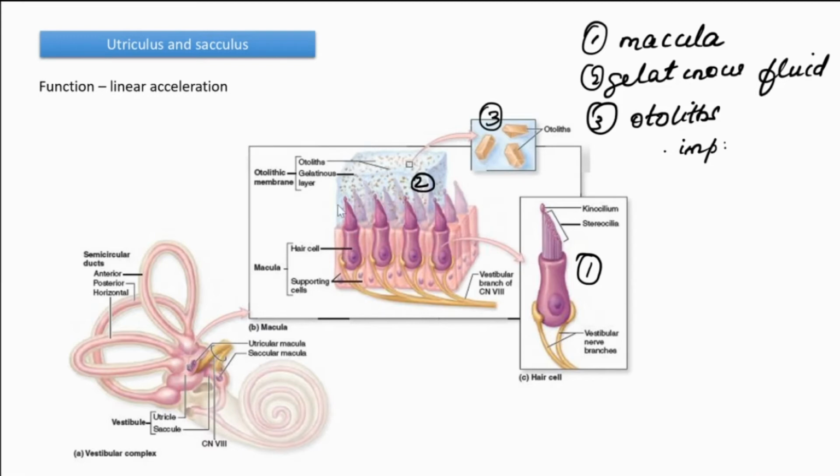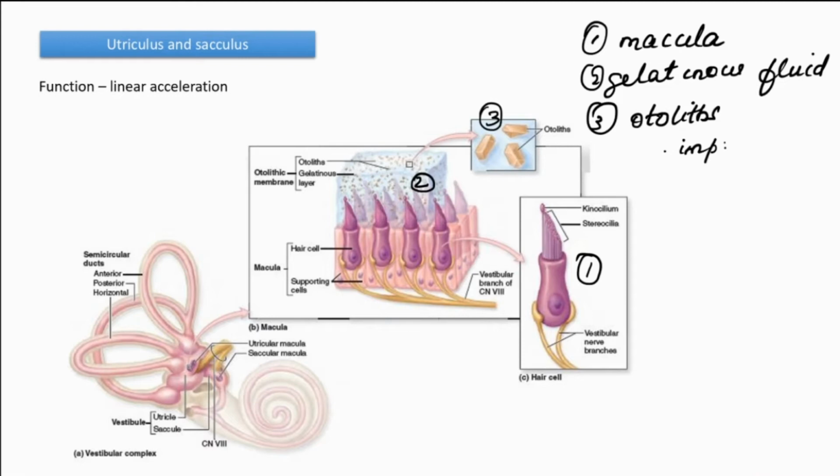They project into a gelatinous fluid. And in this fluid, we can see some crystals. That crystal's name is otolith. These crystals are of calcium carbonate. Those crystals are called otoliths.